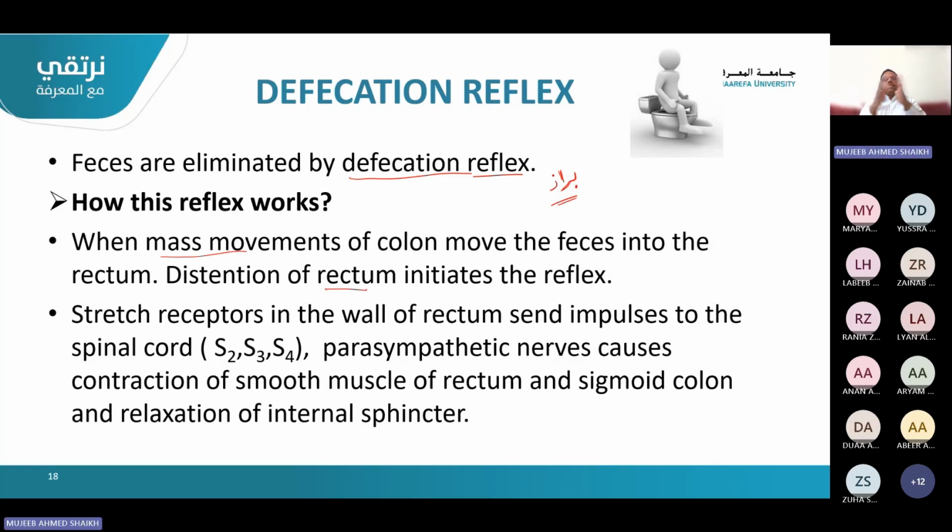Because of this stretch, it will stimulate the nerves there and will send the signal to the spinal cord area number S2, S3, S4. Sacral spinal segment 2, 3, 4.